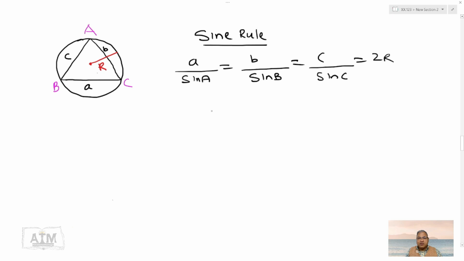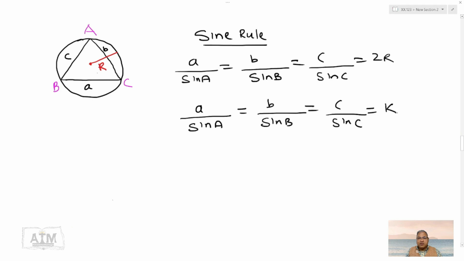In general, 2R can be denoted by K. Therefore, the sine rule is also popularly known as a upon sin A equals b upon sin B equals c upon sin C equals K, where K equals 2R.